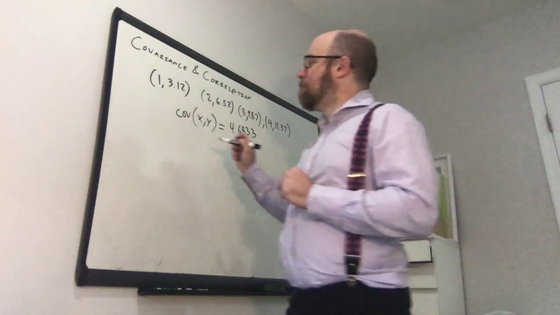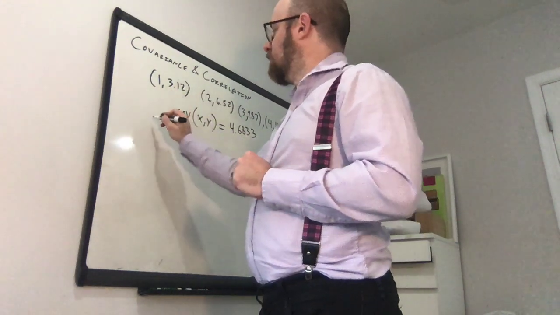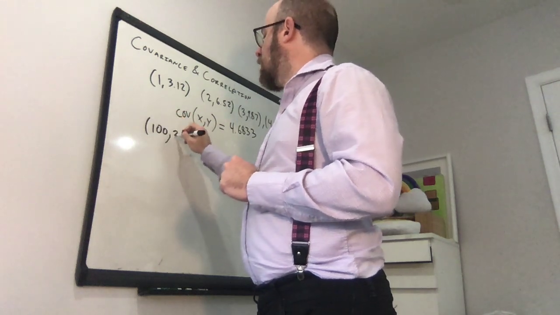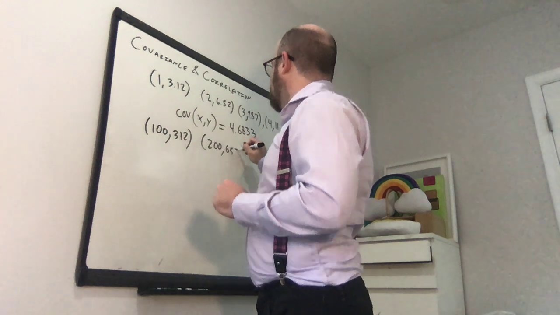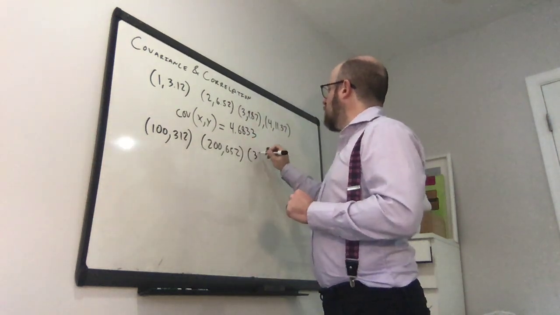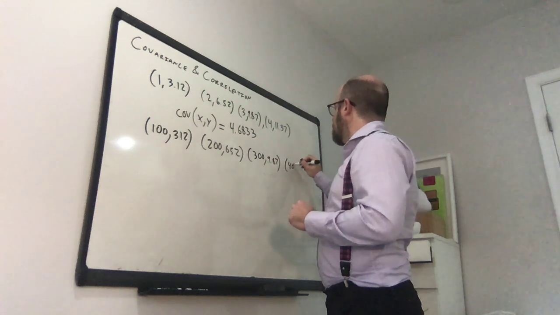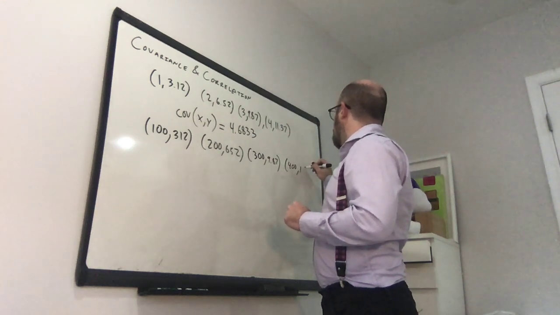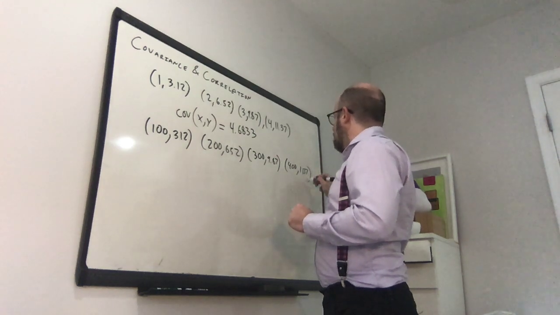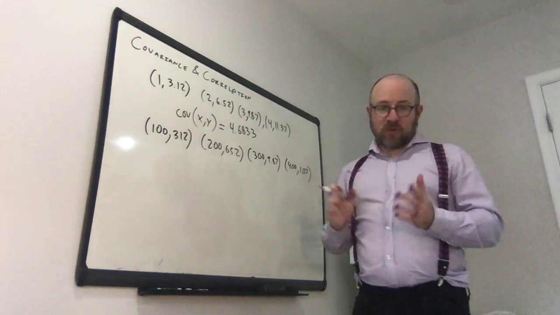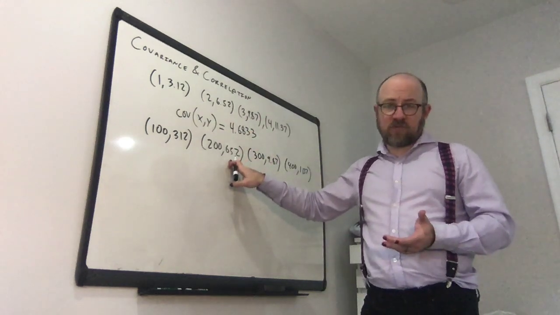But if you multiply each of these by 100, so 100, 312; 200, 652; 300, 987; 400, 1137, the linear relationship is just the same, right?